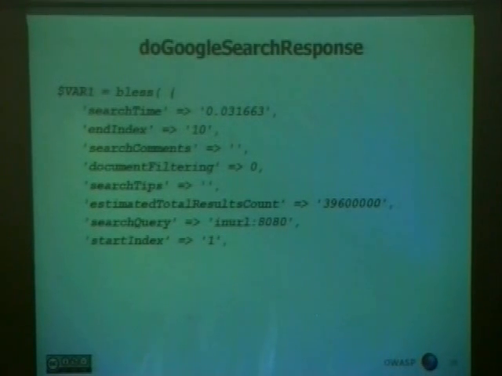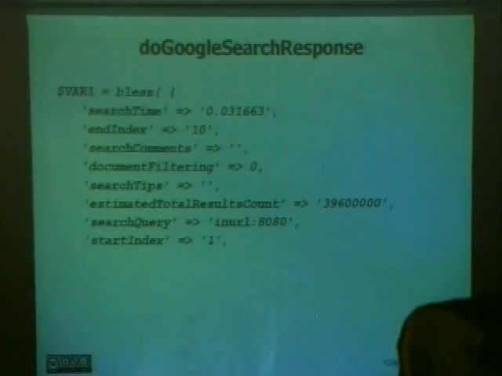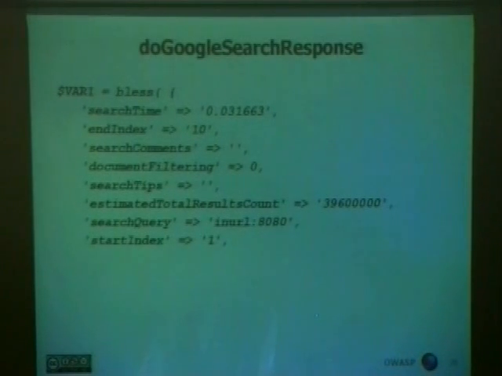We then get any search comments, which are specifically related to whether Google removed any stop words, or document filtering, if document filtering was applied as part of the SOAP message that we sent to Google. And then we get the search tips. Essentially those are tips that Google provides as a recommendation if you're going to repeat the search. We then get the estimated total results count.